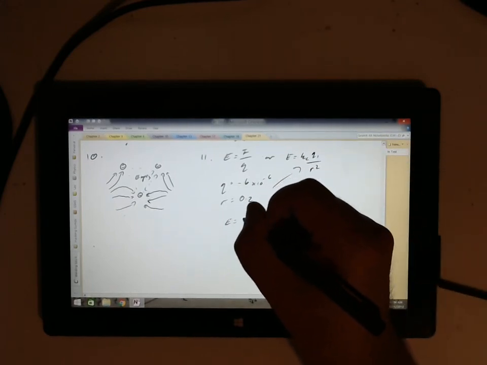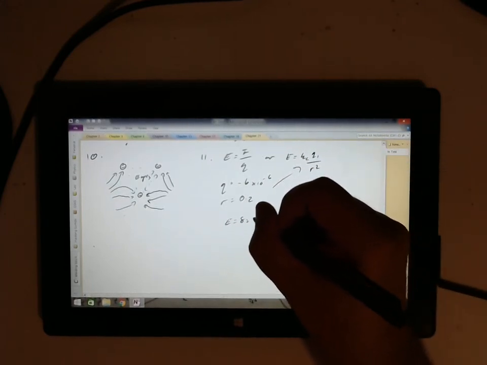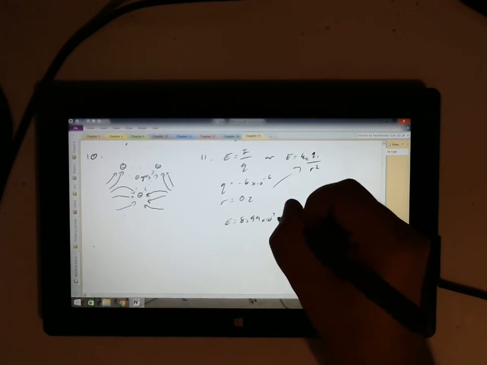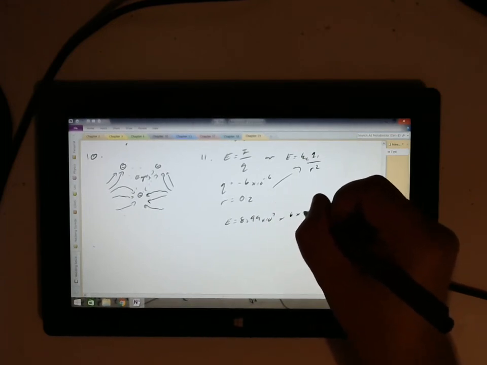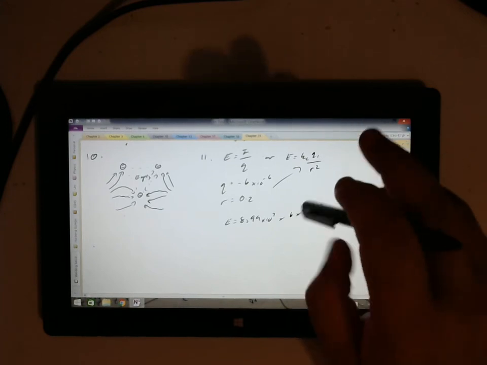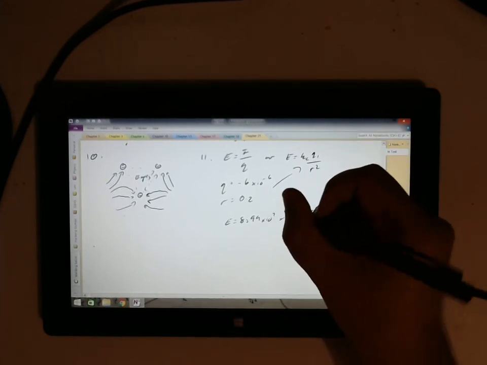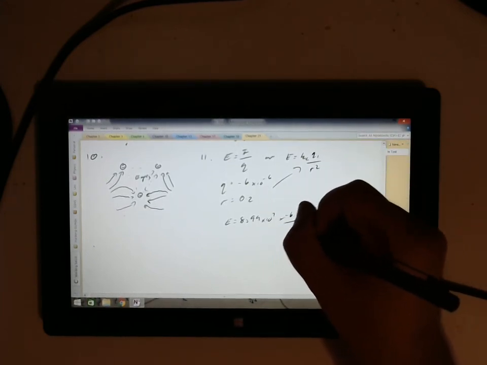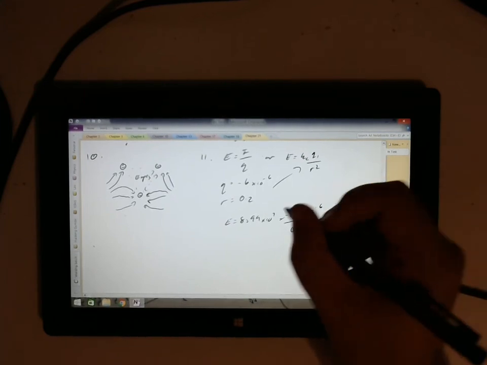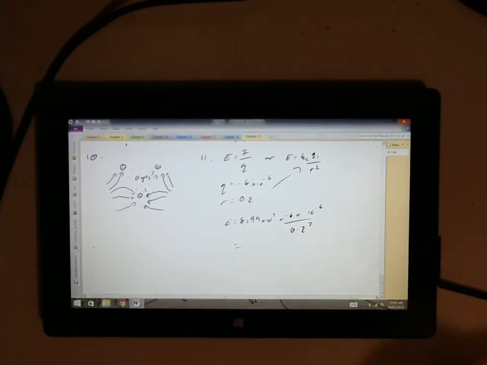So E equals 8.99 times 10 to the 9 times 6 times 10 to the negative 6, divided by 0.2 squared. And let me just load up my calculator to do that.